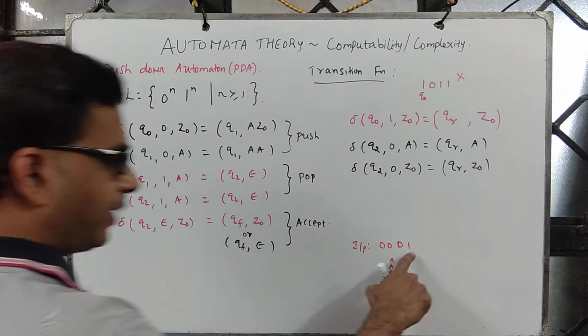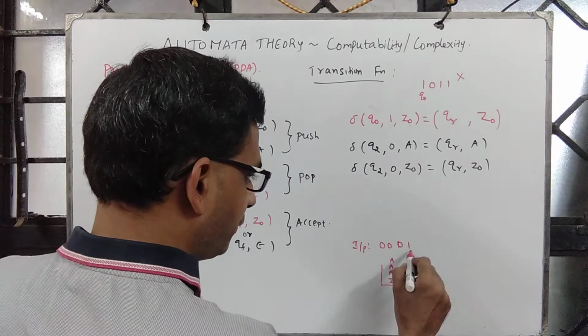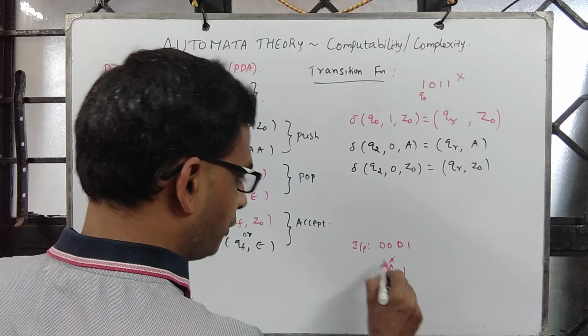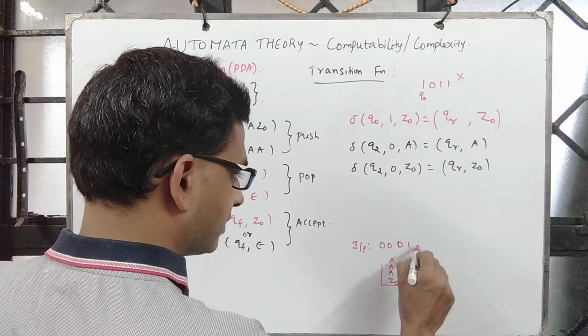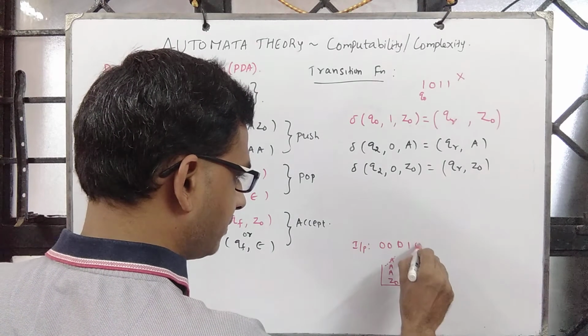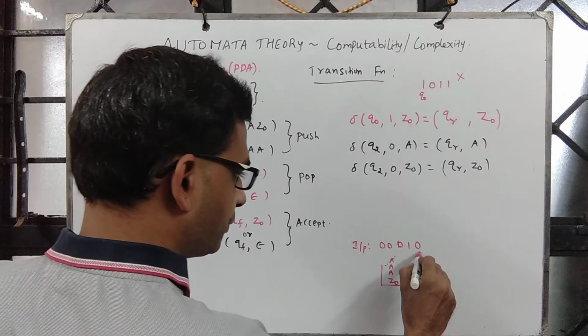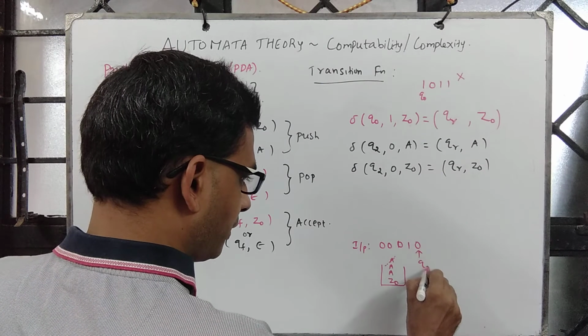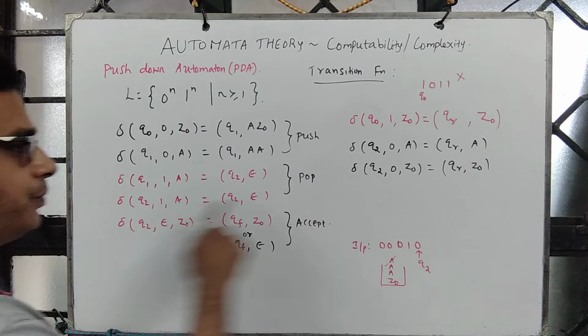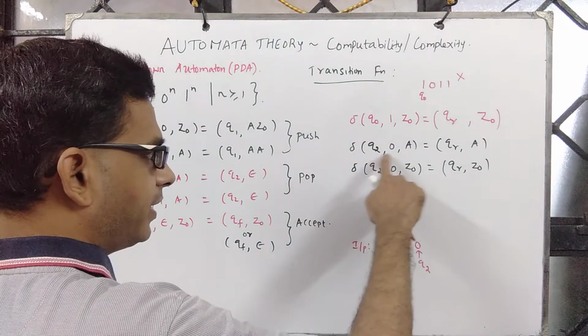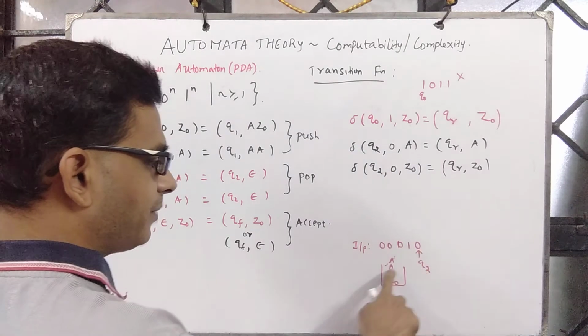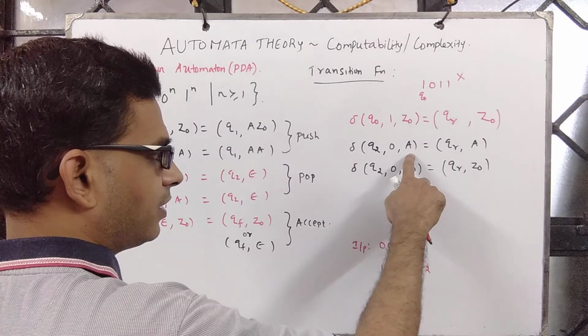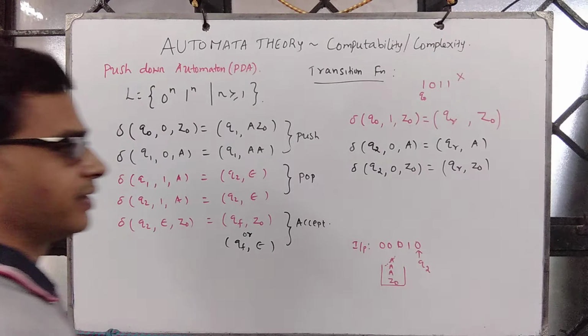Now you read a 1. When you read a 1, you pop, and you stay in this. Let's assume the next symbol is 0, which means you are at Q2, you read a 0, the top of the stack symbol is A, then it has to be rejected.